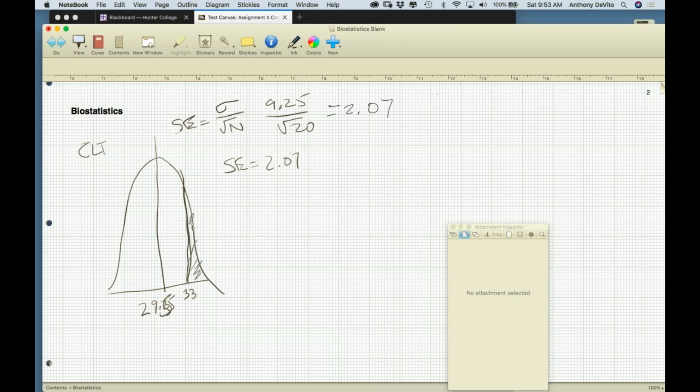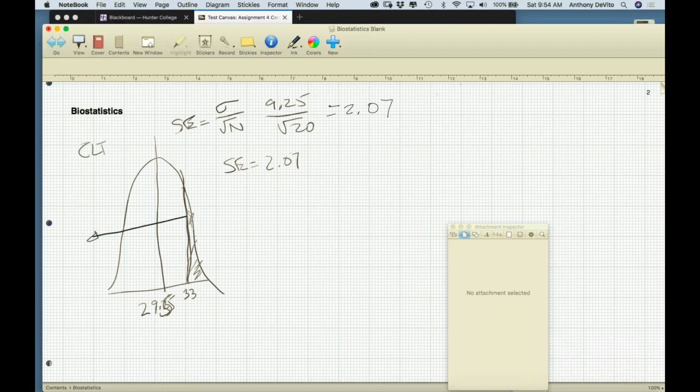So this percentage here, greater than 33, is what I'm interested in. I need to use either my z table or Excel or some other method to find the area to the left of 33, and then, since I'm interested in this area, I have to subtract it from 1.